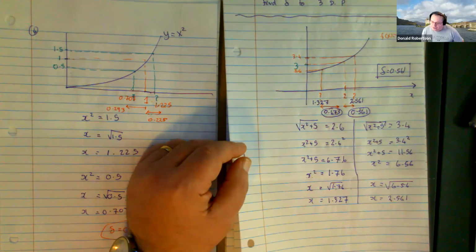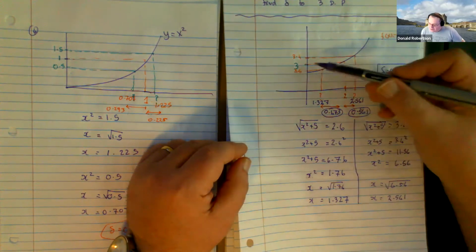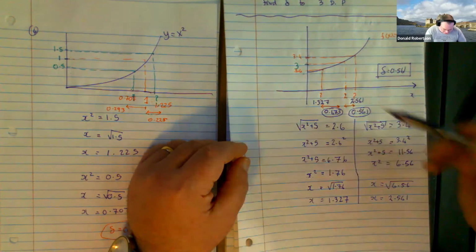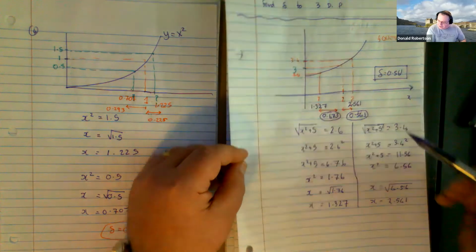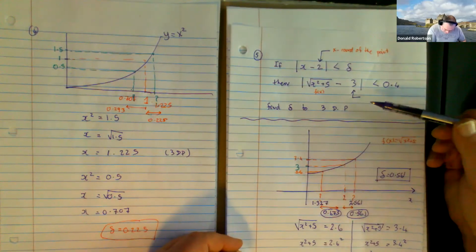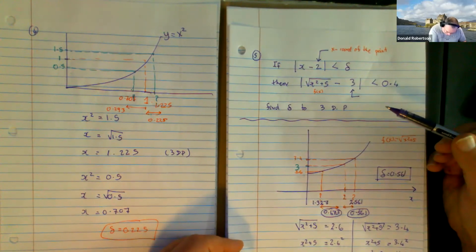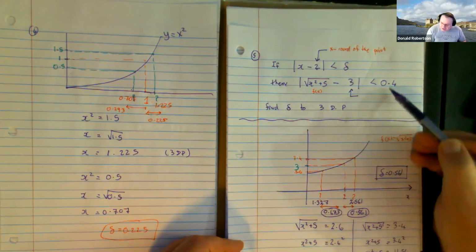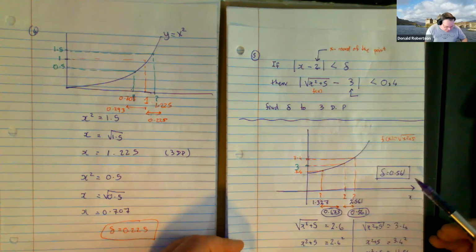How close to 2 do you need to be to get your answer in this range? They're just making it more and more difficult to figure out what this range is, right? By using this notation up here. But once you know the code, you can figure it out. That's the x coordinate, that's the y coordinate, and that's how close to 3 you need to be. That's what that's telling me.